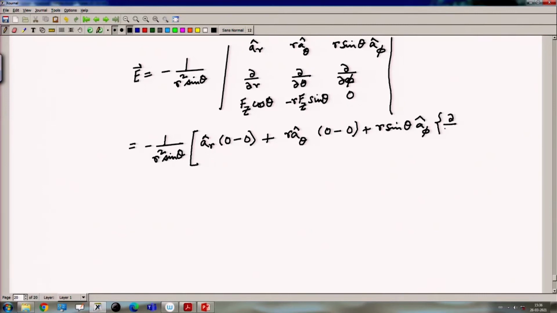times del del r of minus r f z sin theta, minus del del theta of f z cos theta.